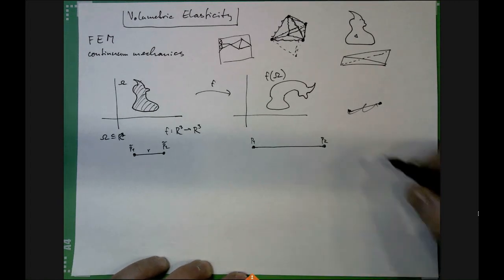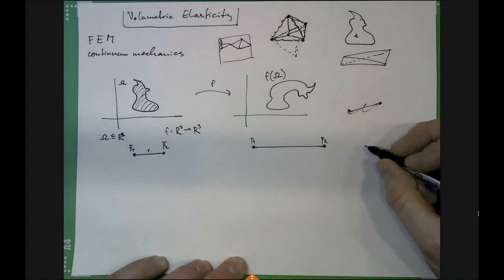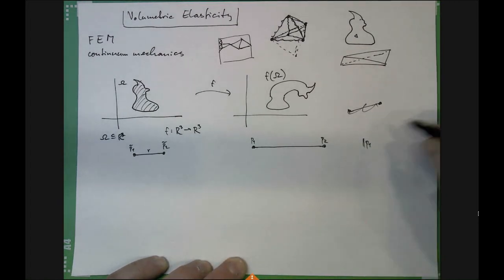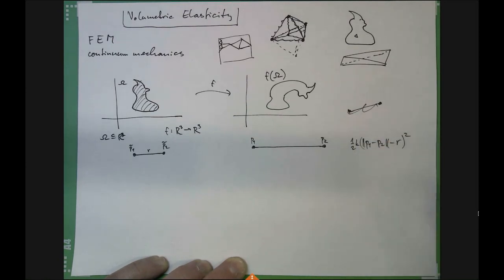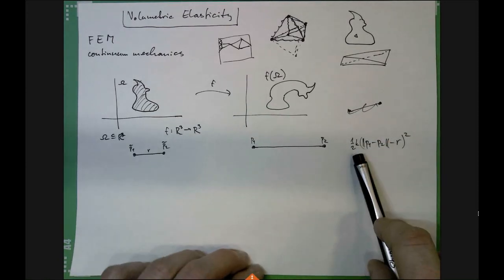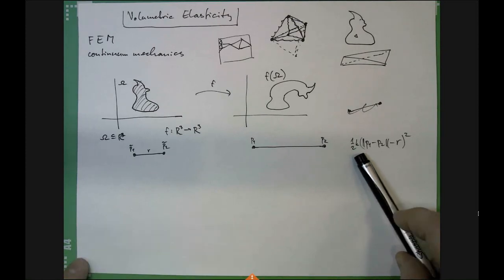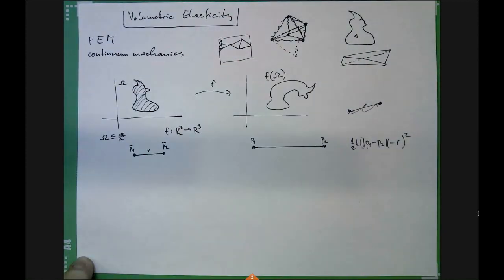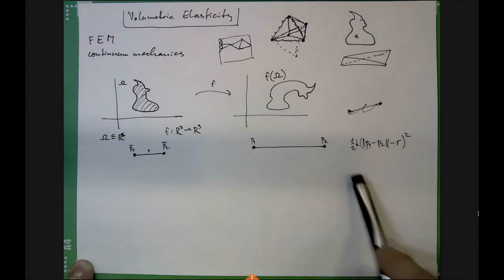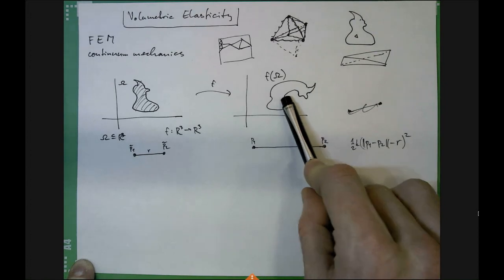In the case of the spring, we knew that the energy was, how much was the energy? P1 minus P2 minus R squared, right? With some coefficient. So what continuum mechanics and finite element method applied to volumetric elasticity basically is doing is generalizing the spring case to an arbitrary shape case.